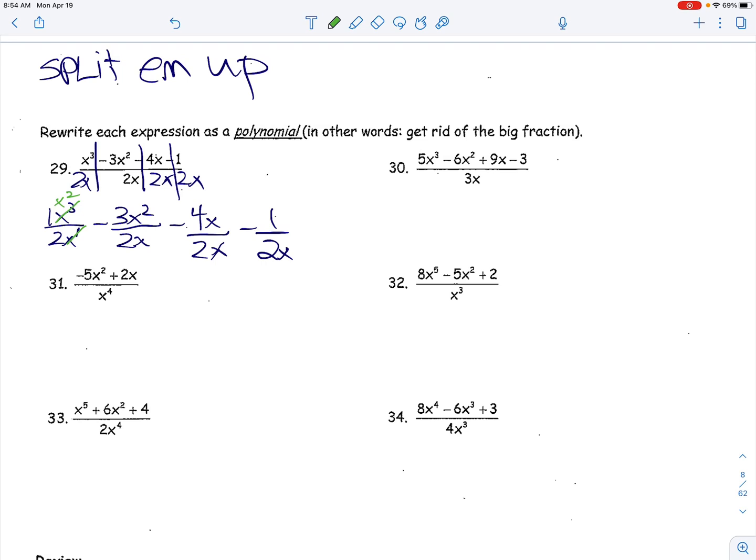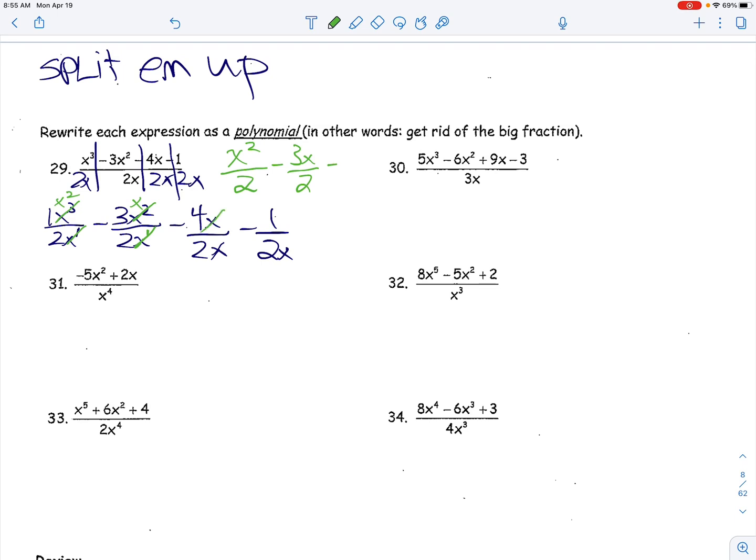So that's going to be 1x squared, pardon me, x squared over 2, minus now x2 over x1. x2 over x1 leaves you with 1x left over in the numerator, and then 3 over 2. So I'm going to say minus 3x over 2 now.